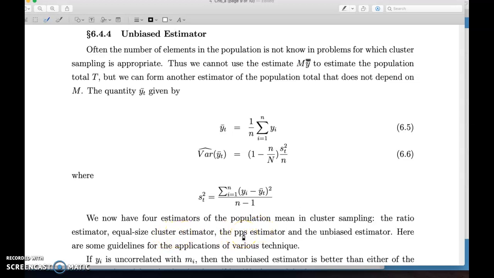And lastly, the two estimators, the probability proportional to size and the unbiased estimator, are additional variations of the estimator. One is that when we choose the sample from the population, we choose it proportional to the cluster size. And lastly, the unbiased estimator would be a simple average of all of the cluster totals, and that would help us find the population total.